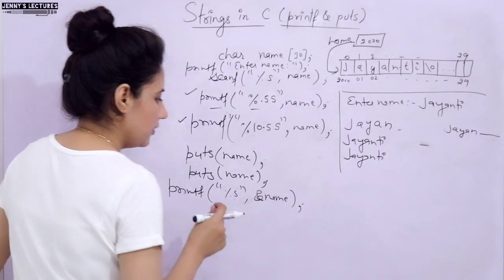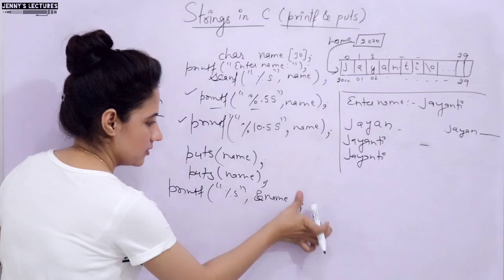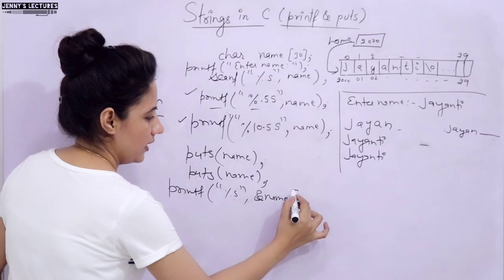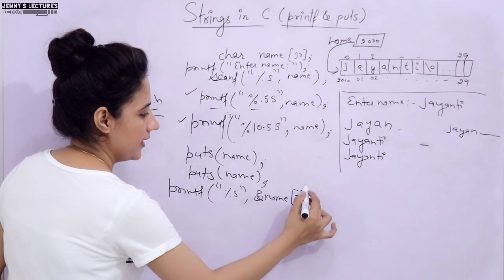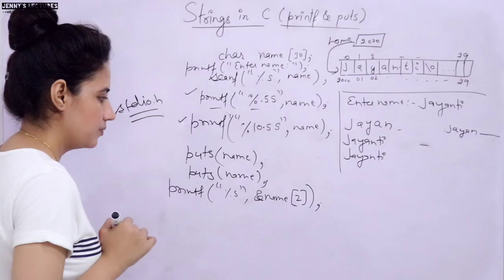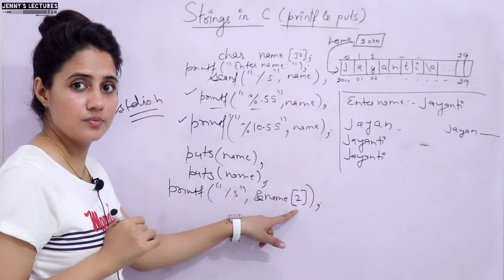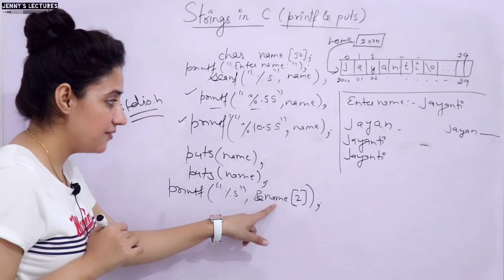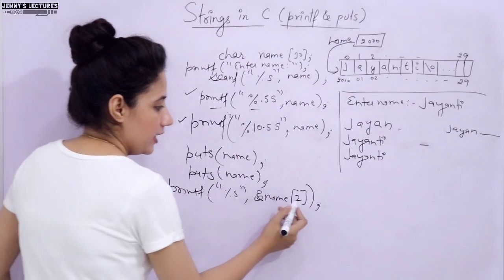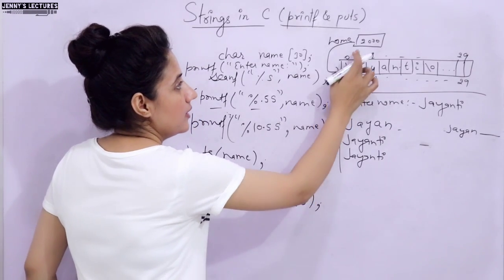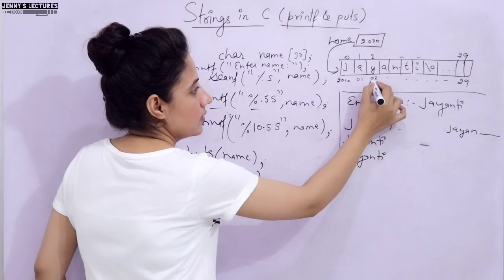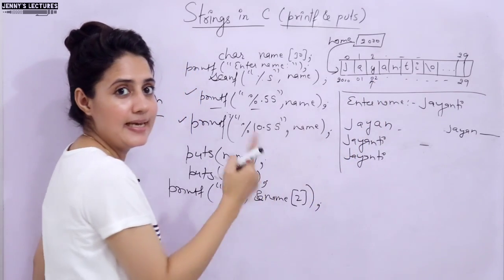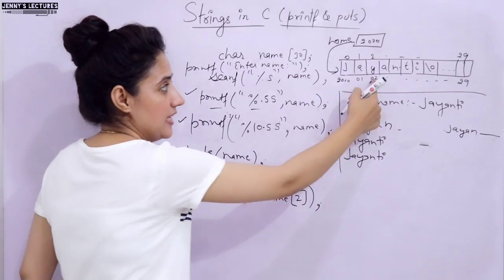But here if you write something like this, address of name of 2, I am providing index 2, address of name of 2. Now what will it print? See, you are providing the address of what? Name of 2, this one, from this index, right, from the second index.